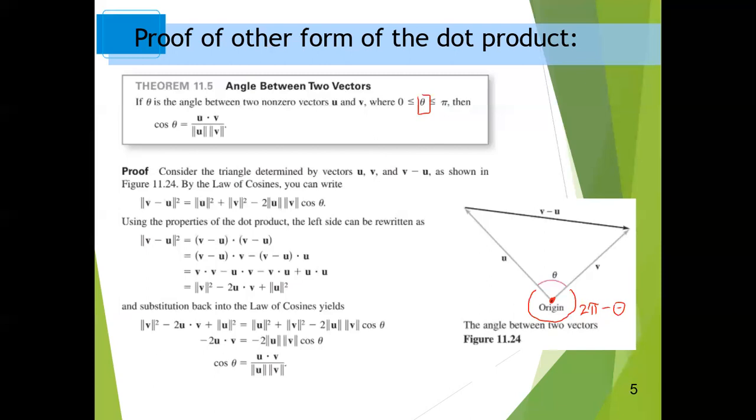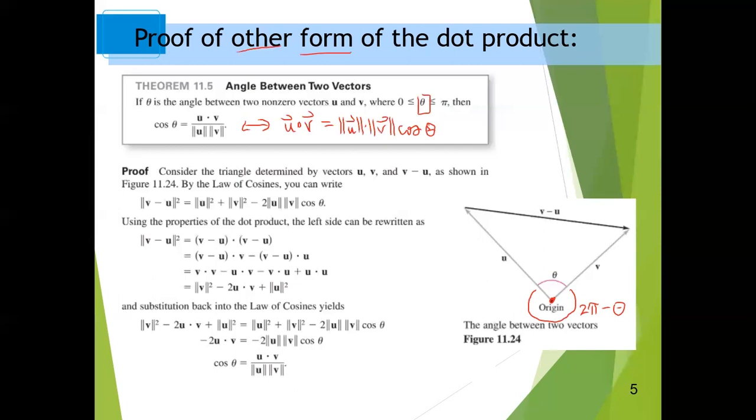And by the way, this also means, you realize, that this is the same thing as saying that u dotted with v is also equal to the length of u times the length of v times what? Cosine of the angle between u and v. So this actually gives us an alternative, right?